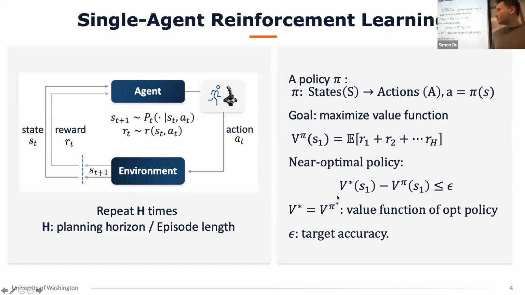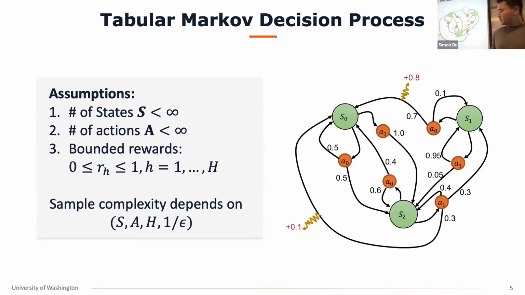Here, V star is the total expected reward of the optimal policy, and epsilon is just some target accuracy we want to achieve. I hope the setup is clear for single agent reinforcement learning. All right, so throughout the talk, I'll mainly focus on the tabular setting. This is arguably the simplest setting.